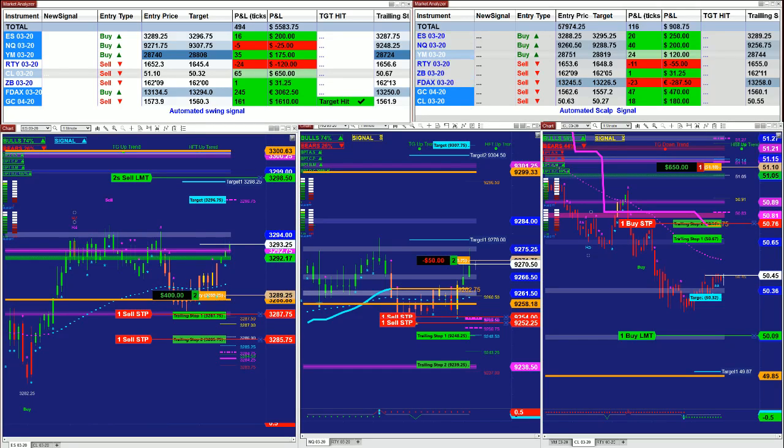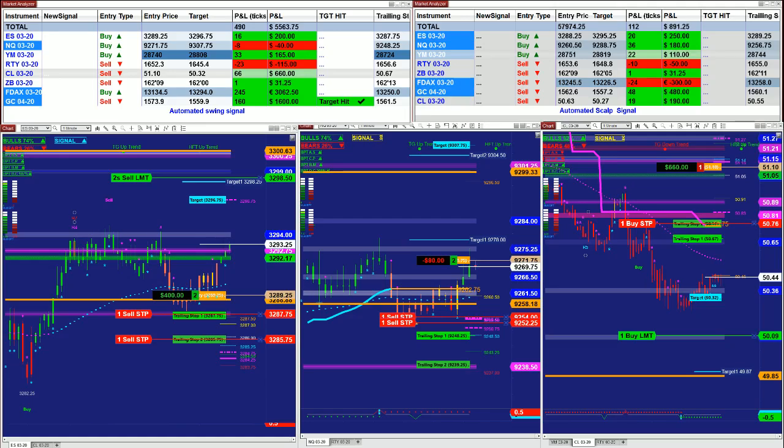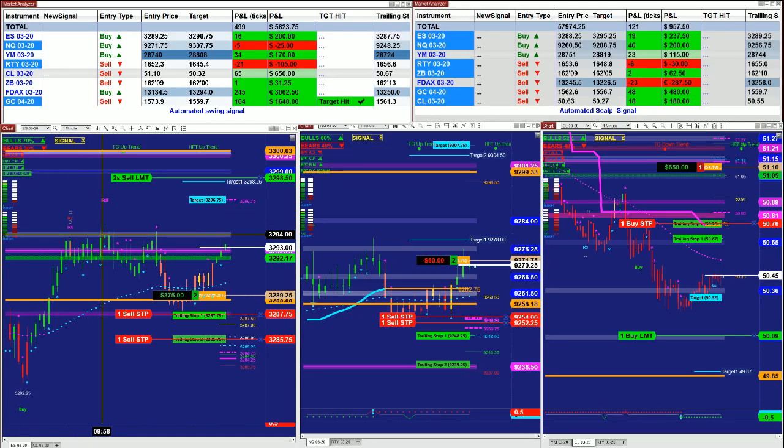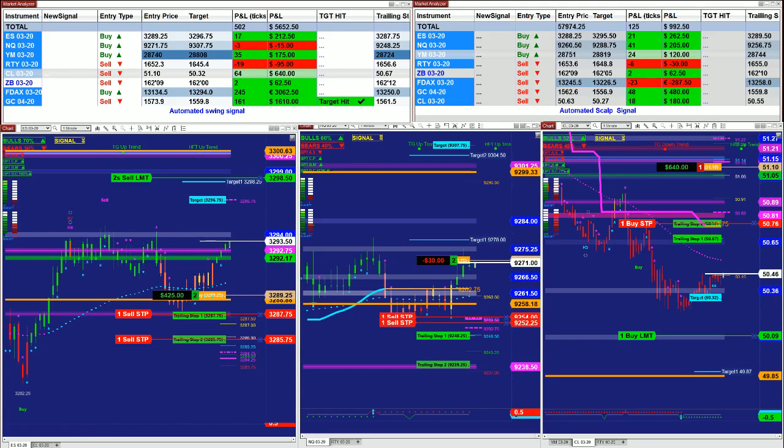If we break the 32.94 on the ES, it is going to give us breathing room on the NASDAQ, and the NASDAQ is going to cross the 92.75. Once we break the last bumper on the ES, 32.94, then we are in the right direction.